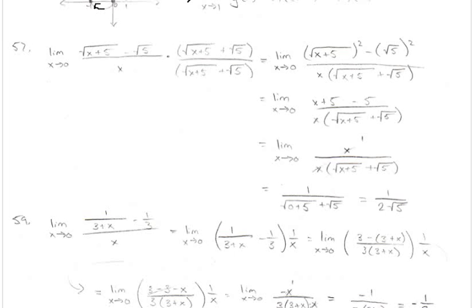Okay, number 57. We are just asked to find a limit if it exists. We see that we can't do direct substitution because it's outside the domain of the function: if we directly substitute in 0, we get division by 0.